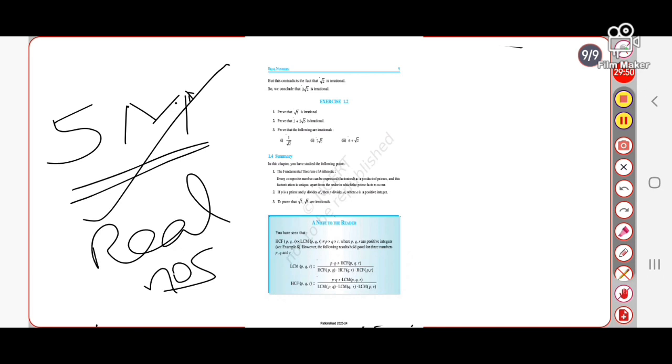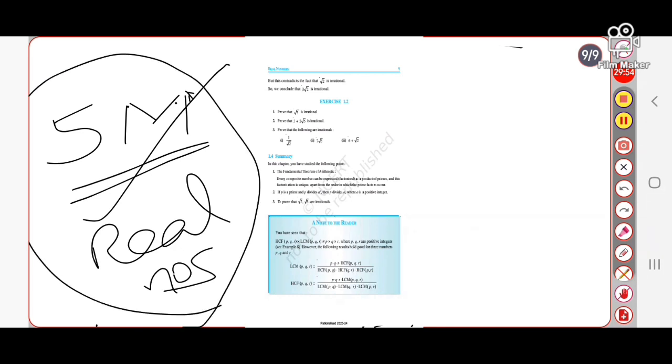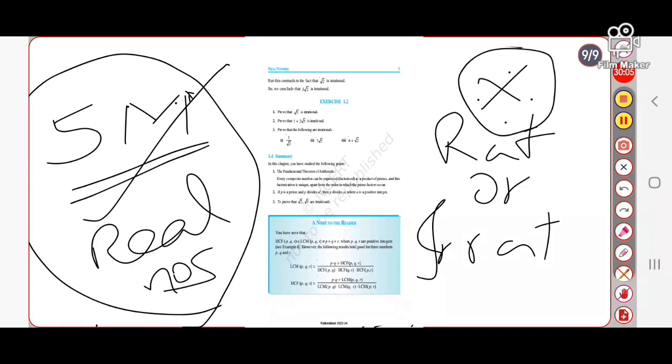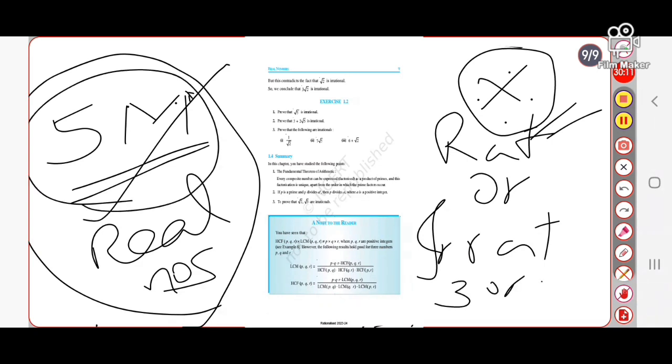So keep this in your mind, and what you need to study is this rational or irrational, which is more important. They can compulsorily ask it; the total is 5 marks, and they may ask you for 3 or even fully for 5.